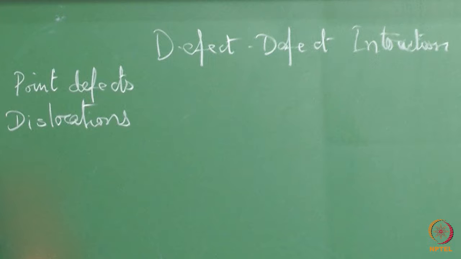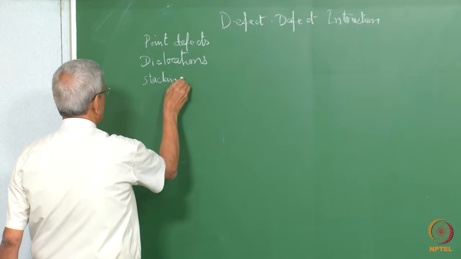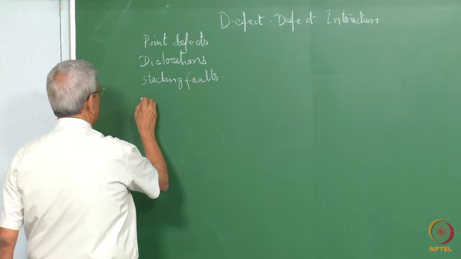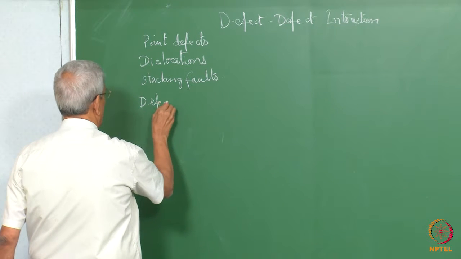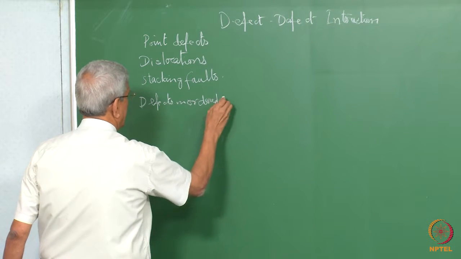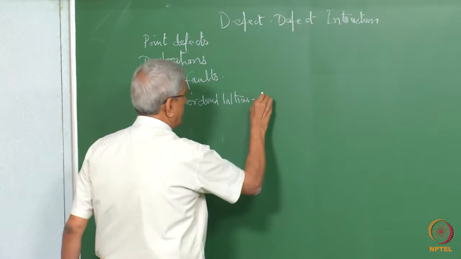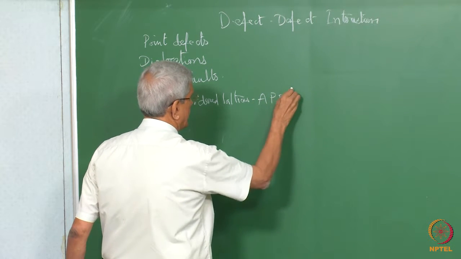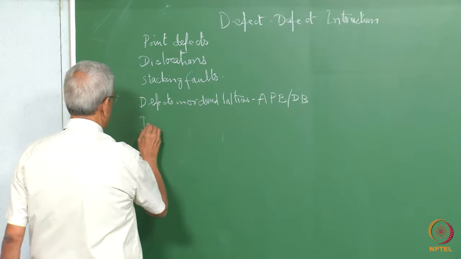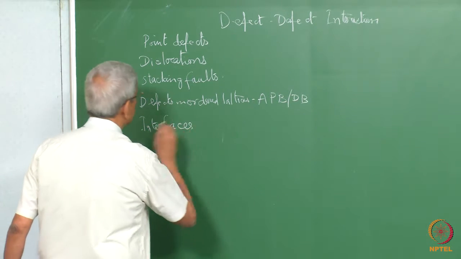Essentially point defects, dislocations, stacking faults, then defects in ordered lattices like antiphase boundaries and domain boundaries. And then we have considered interfaces.